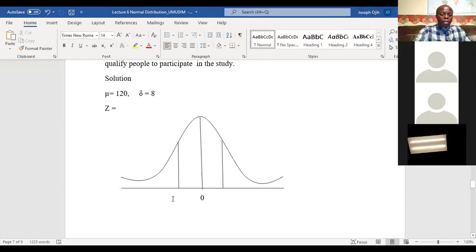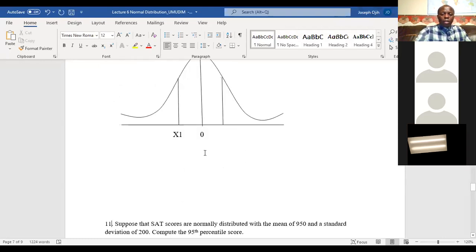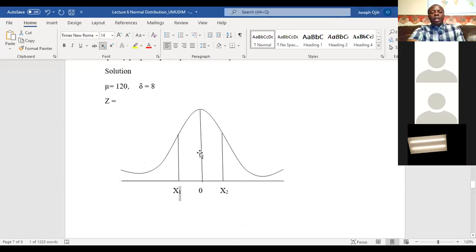So we're going to have x1 and x2, two x's for the middle 60%, and then z1 and z2. Because it's 60%, remember it's split in half.